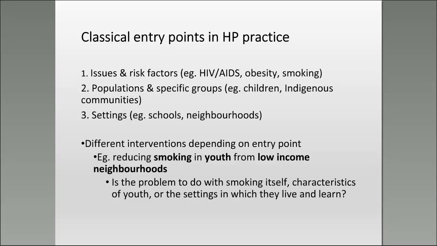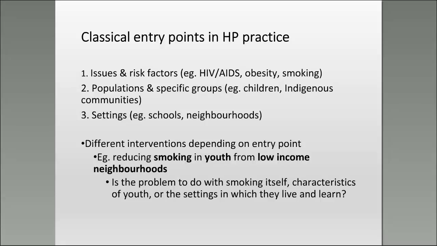So in health promotion practice, the classical and most common entry points when developing interventions are issues and risk factors such as diabetes, HIV/AIDS, or behavioral risk factors such as smoking. Populations or specific groups, so we can think of children, women, indigenous communities, as well as settings, so schools and neighborhoods, for instance.